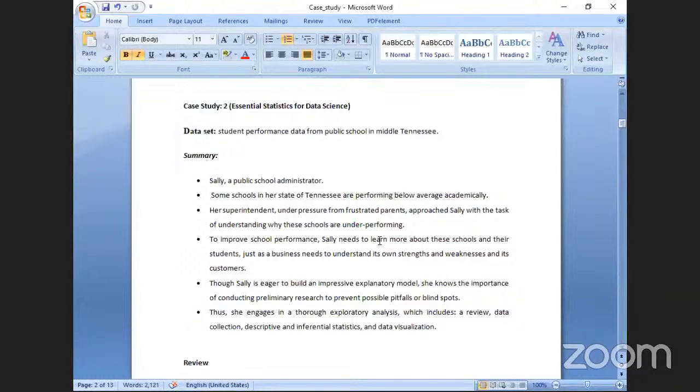Her superintendent is under pressure from the parents. So that's the reason why her superior approached Sally to take this task of understanding why some of the students in certain schools are performing below average in terms of academics. That is the assignment given by her superior to Sally.